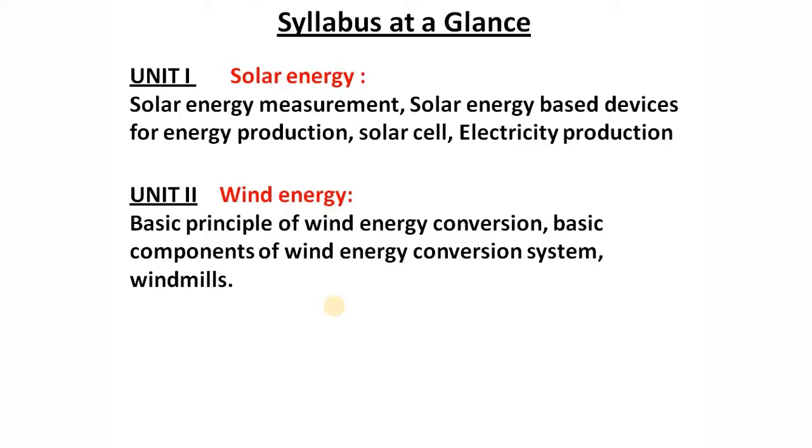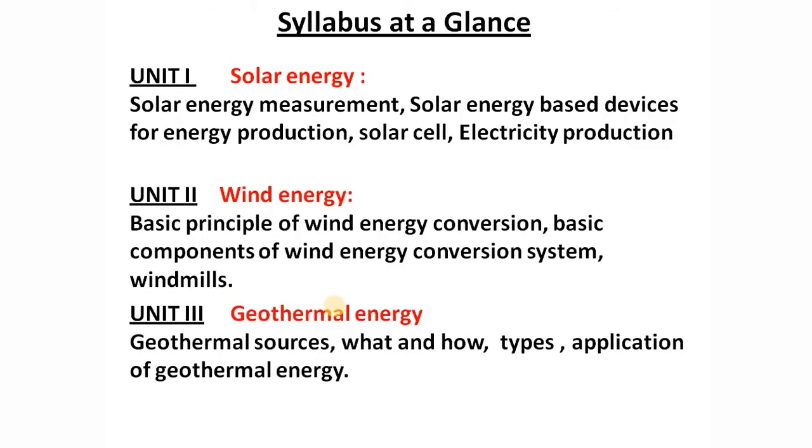Different technologies are there, so we will investigate in detail how wind energy is converted into other forms of energy. And in the third chapter, we will focus especially on geothermal energy. As I told you, it is the energy contained at the very core of the earth. The very core of the earth is very hot.